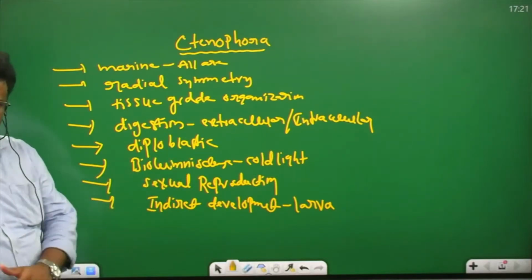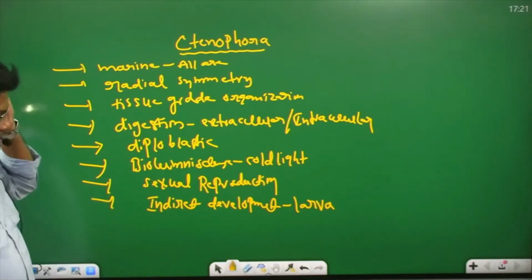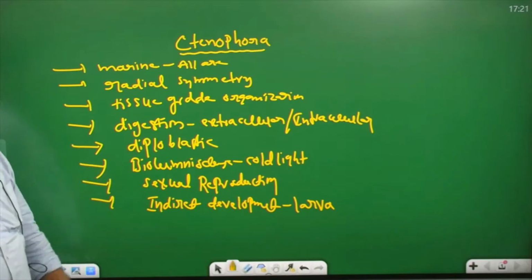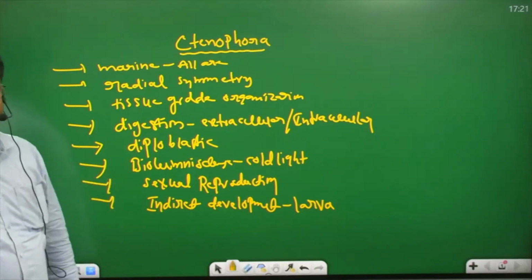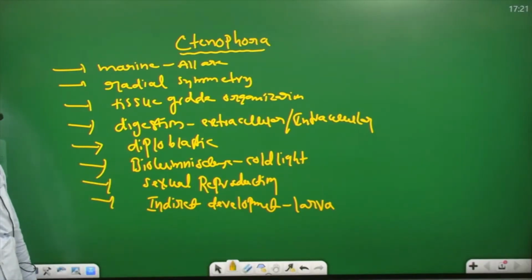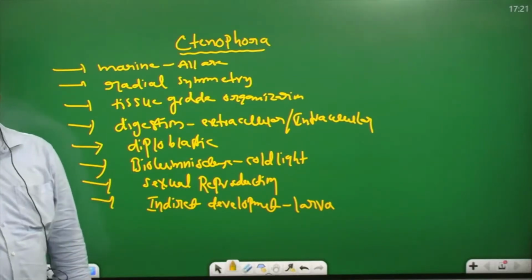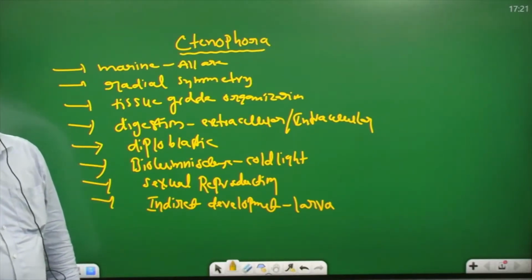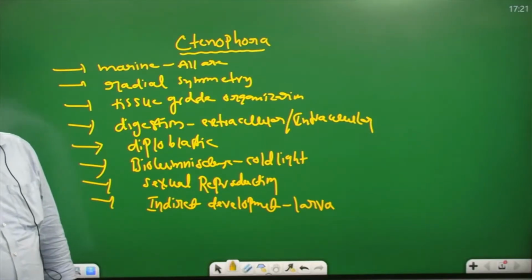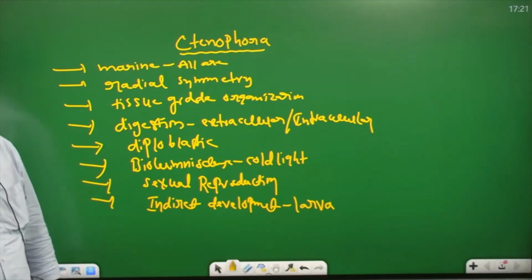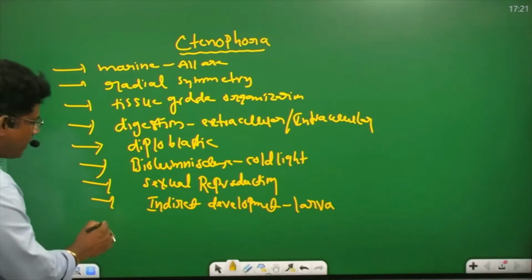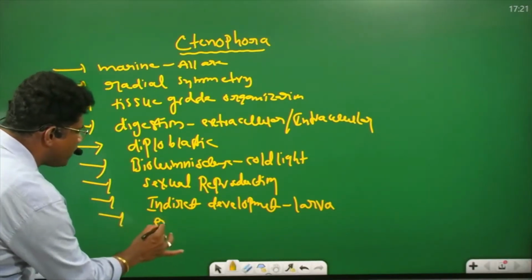Only sexual reproduction. Yes, bioluminescence occurs. They are diploblastic. Digestion is extracellular and intracellular. Tissue grade organization. Radial symmetry. Marine, no exception. All are marine. Okay?